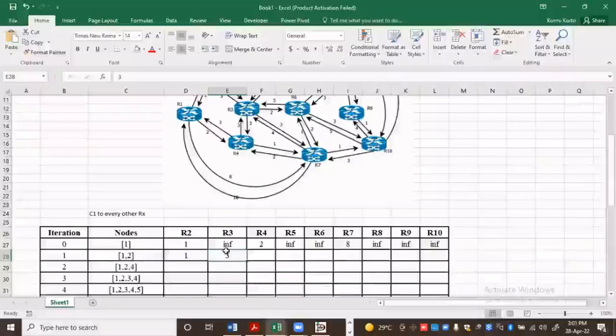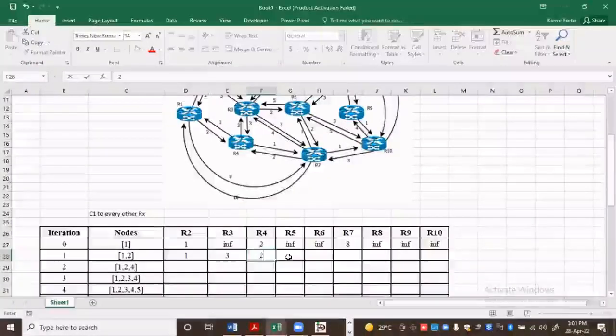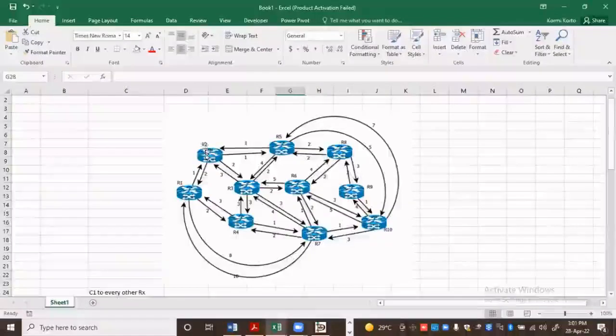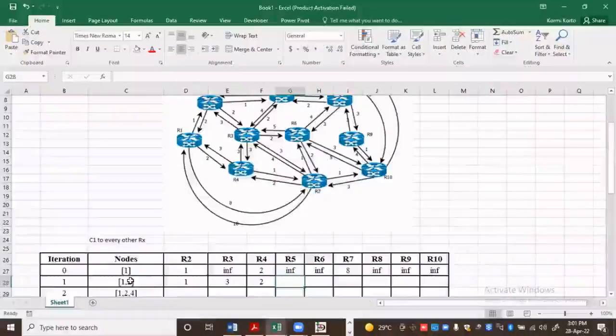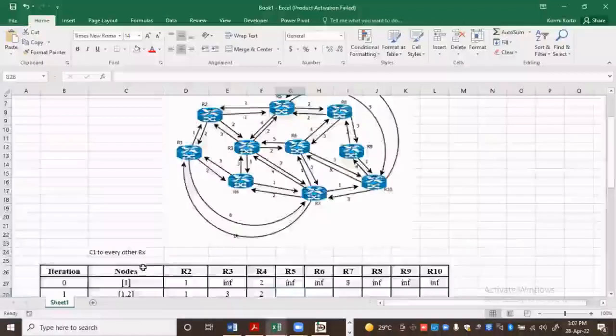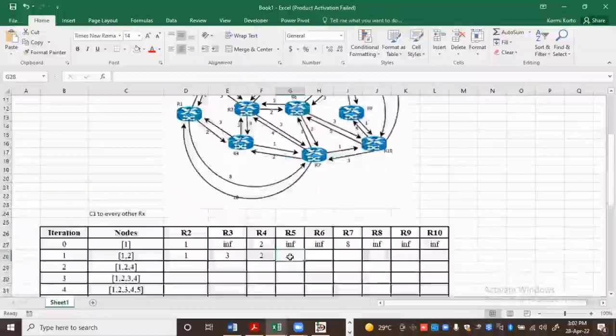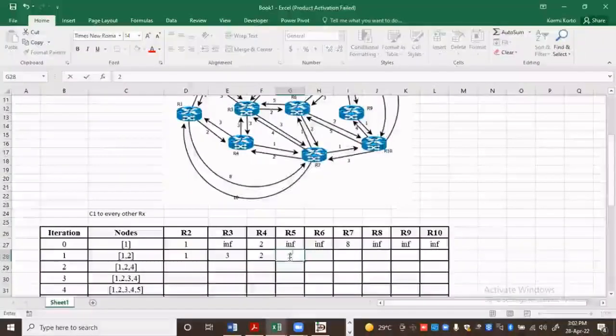Router 4 will still be 2, because that's the least cost we got so far. Router 5, now watch. We can get to 5 now because we have 1 and 2, 2 nodes to work with. So what's the cost? It's R1 to R2 to R5. There's 1 and 1, so that's 2. All right, so that's 2.